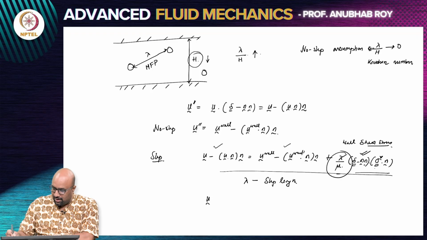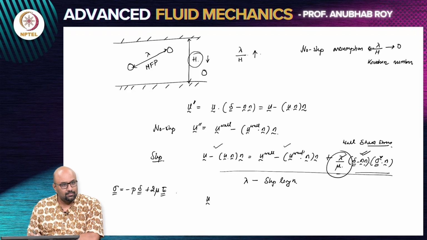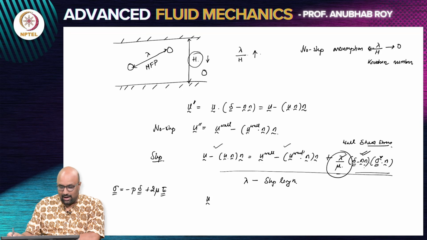If I am doing a Newtonian fluid, I have sigma is minus P delta plus 2 mu E. You can verify that when I do this operation, delta minus nn dot sigma dot n, as I wrote down here, the contribution from pressure would be 0.